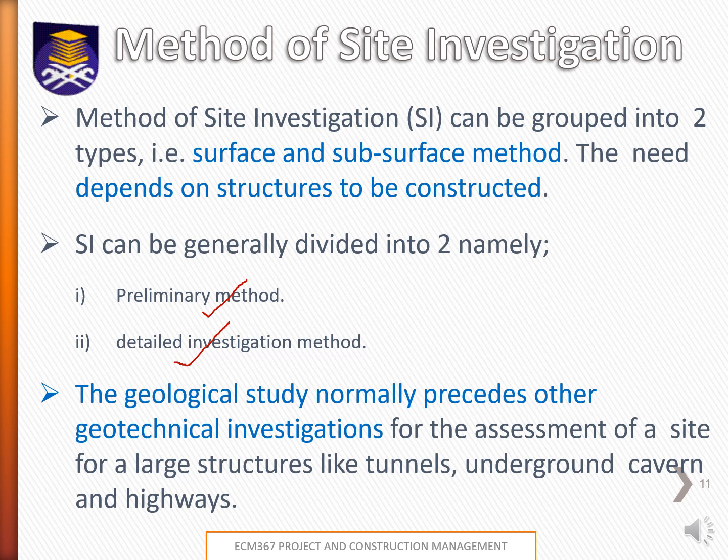So for example, for the site investigation for assessing the site, if the site is proposed to construct large structures such as tunnels or highways or underground structures, it might require more comprehensive and detailed information compared to if the project is constructing a landed house, for example.